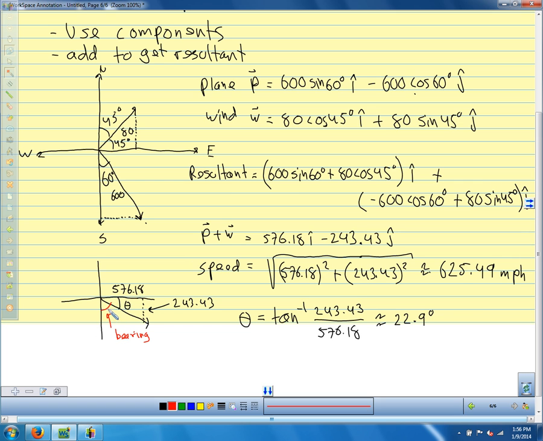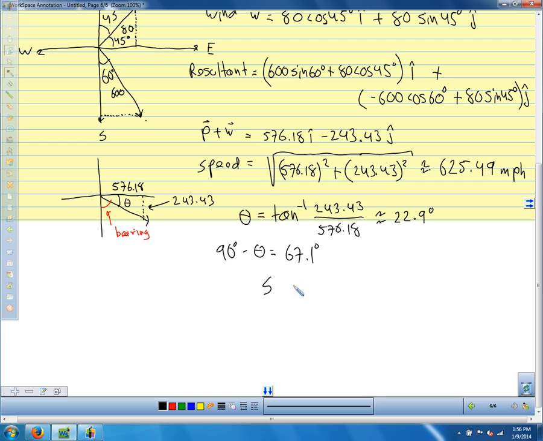So if we subtract from 90, 90 minus theta gives me 67.1. So this angle is 67.1 degrees. So our bearing, Daisy says south, 67.1 degrees.